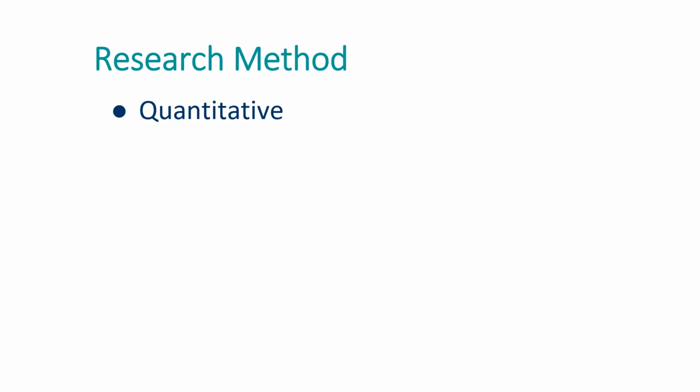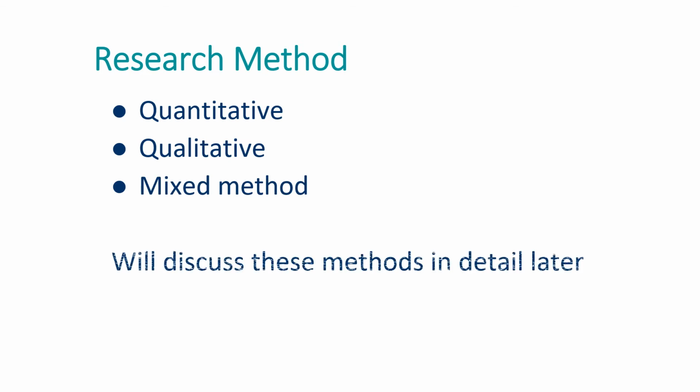When we look at the research methods, which we've looked at before, you've got quantitative, qualitative, and mixed methods. This will be discussed later, but we have also reviewed this before. Qualitative methods try to find out how people feel and why people do things.